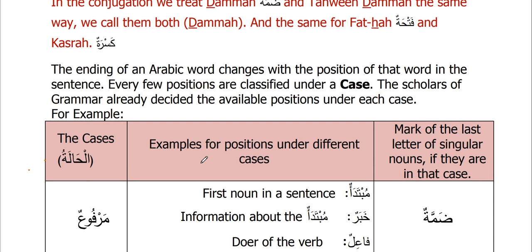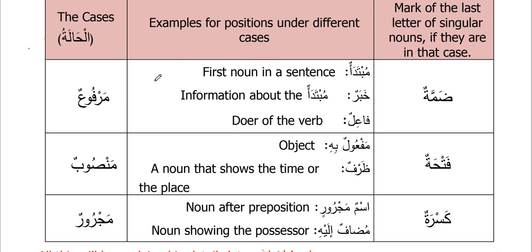And now this is the most important table in Arabic grammar, and you should remember this table. As you can see here, we have three cases: Marfu, Mansub, and Majroor. And now we will only concentrate on the first case, that is called Marfu case. Regarding Mansub and Majroor, they are in different lessons.